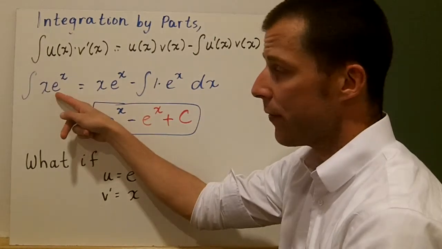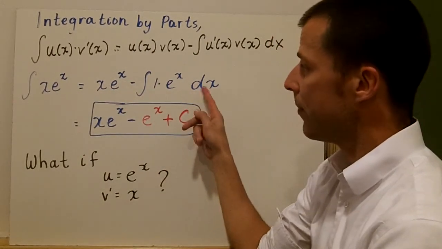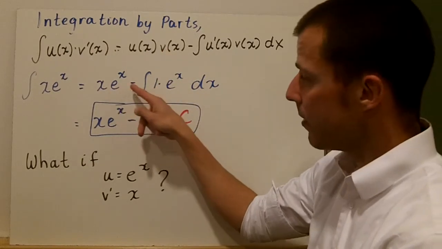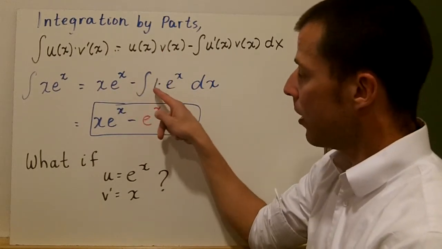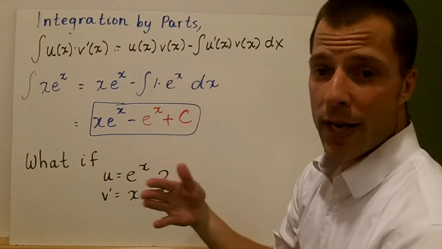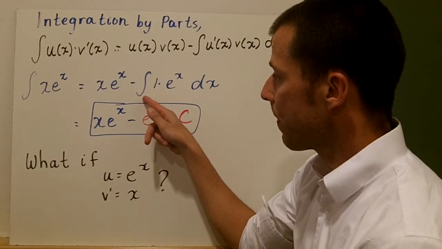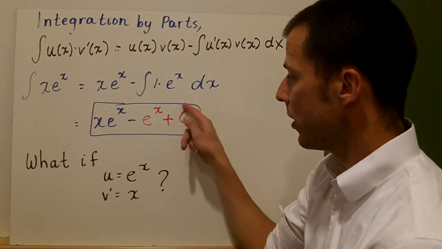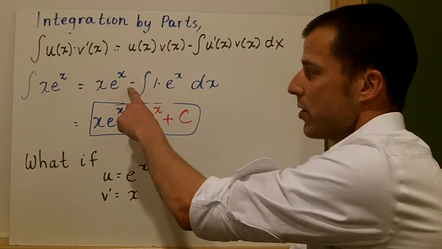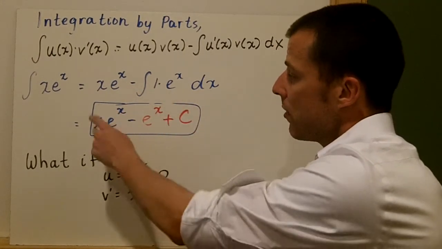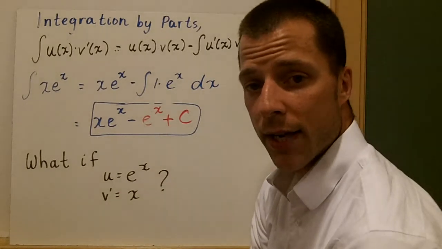Okay, the antiderivative of e to the x, so this remains the same. So u of x is x, v of x is e to the x, minus the integral of 1 times e to the x dx. We're not done because we have to integrate e to the x, which again is just e to the x plus c. So the only thing that changed was in red. Our subtraction sign comes down, okay, and here is our final answer.